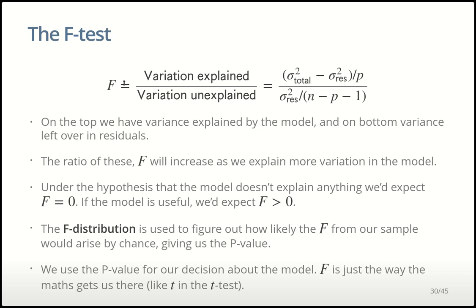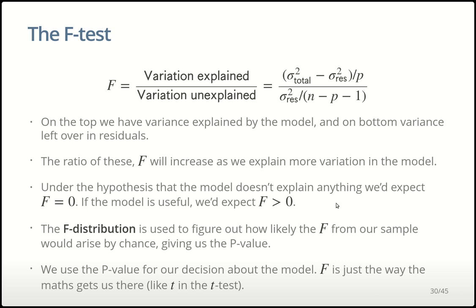If your model is useless, then you're not explaining anything. Everything is then unexplained, so you get a large number on the bottom and 0 on the top, and so F is 0. Right? So the magnitude of F tells you how good your model is. So we'd expect F to be close to 0 if we're not explaining anything. We'd expect F to be large if we're explaining lots. And so under the hypothesis that the model doesn't explain anything, i.e. all the betas are 0, we'd expect F to be 0.